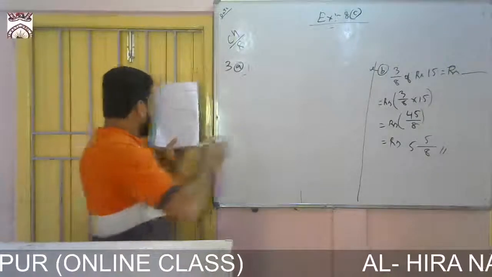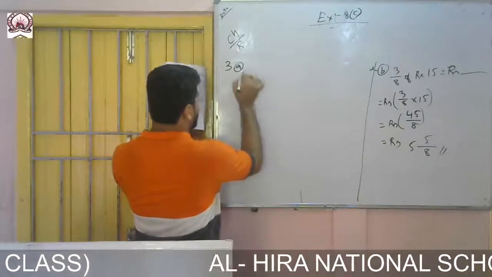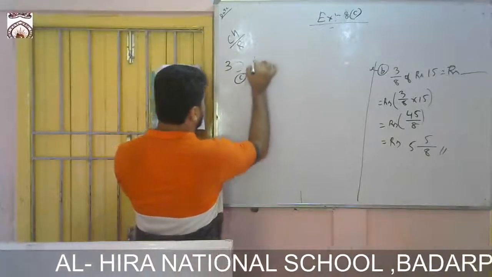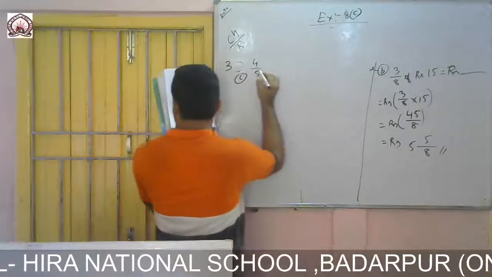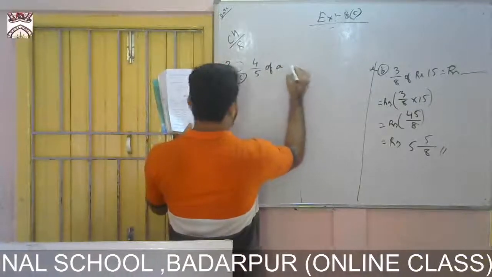So question number 4, question number C I am solving. See what is there? 4/5 of a rupee.